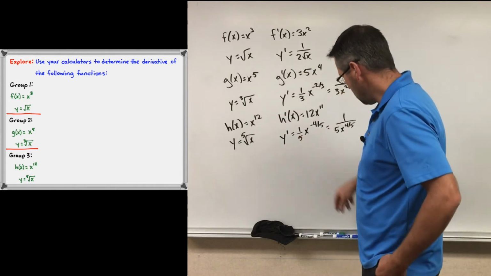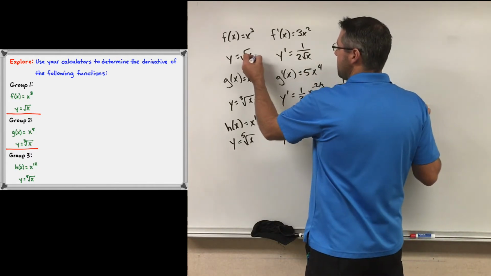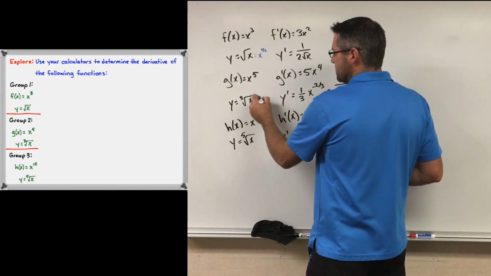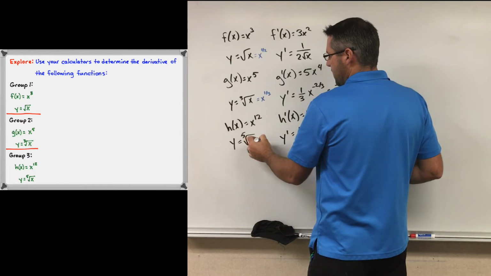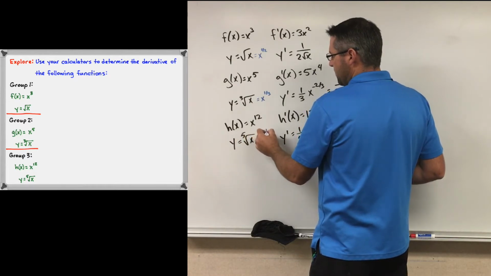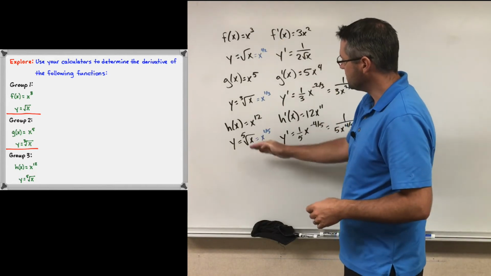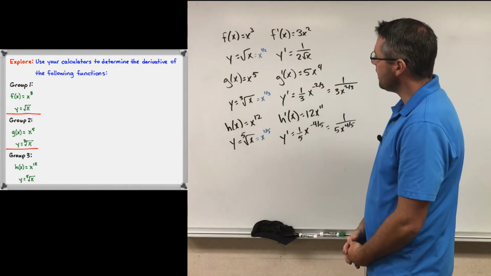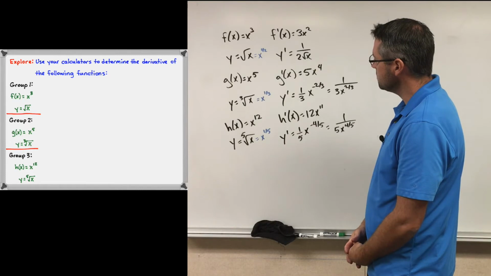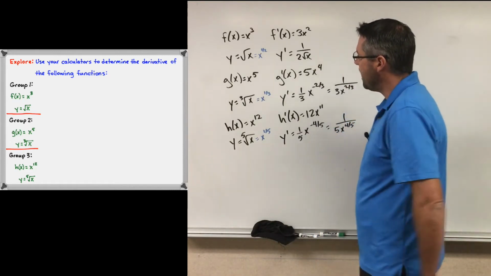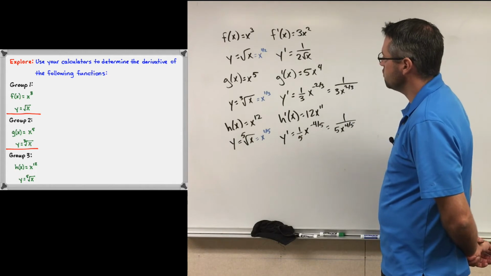What's going on here? Well, remember, rad x is the same as x to the 1/2, and then cube root of x is x to the 1/3, and then fifth root is x to the 1/5. So all of these have something in common. All of their bases are variables, and all of their exponents are numeric values. From there, we should be able to see some sort of pattern that can help us determine the derivative.